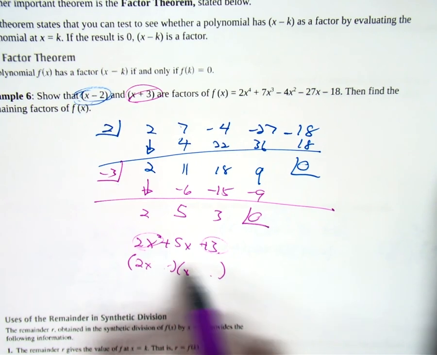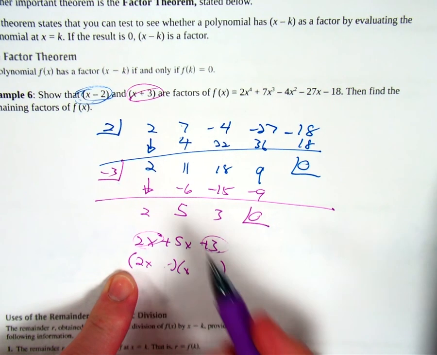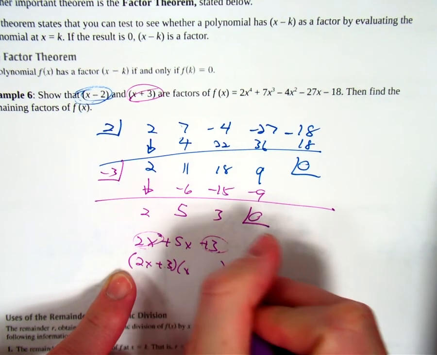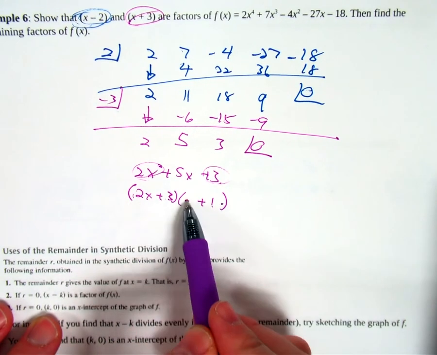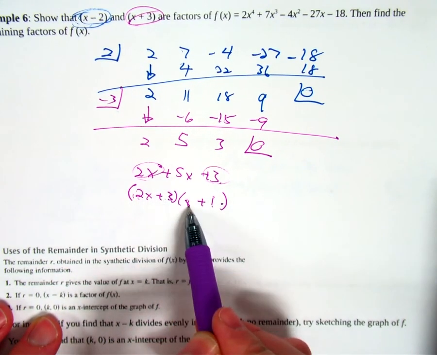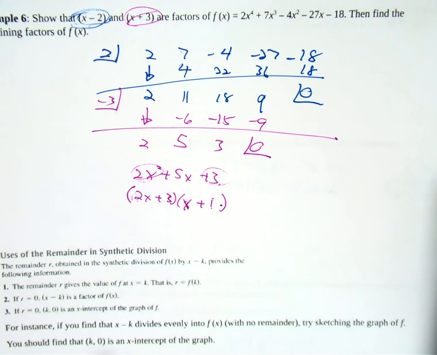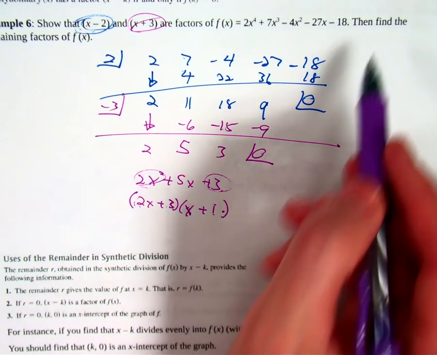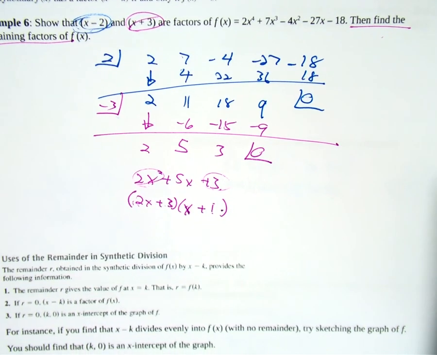If I put the 3 over here, that's going to be 2 times 3 for 6x. It's going to be too big. So the plus 3 needs to go here, and the plus 1 needs to go there. 2x squared plus 2x plus 3 more x, that's 5x in the middle, plus 3. Don't forget your original factors. Oh, it just wants the remaining. Find the remaining. So yes, those are the remaining factors. 2x plus 3 and x plus 1.